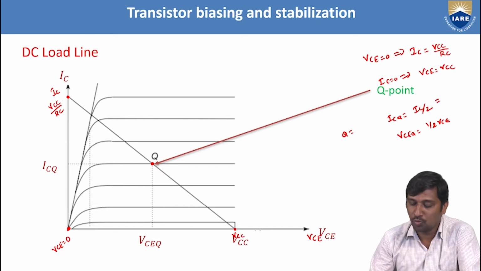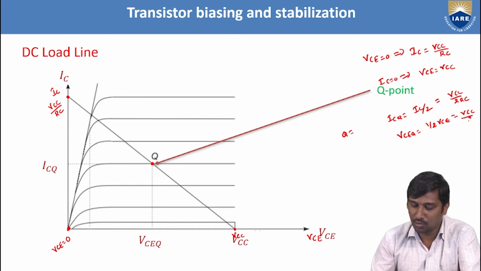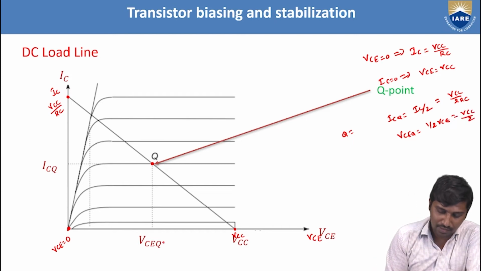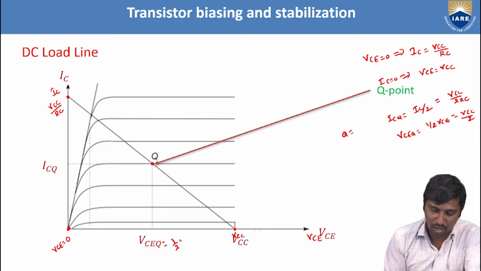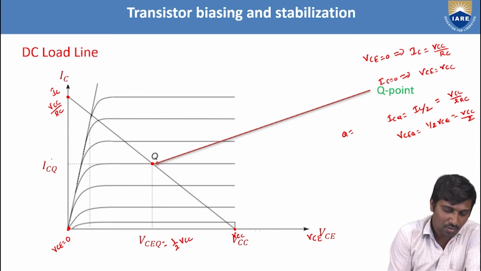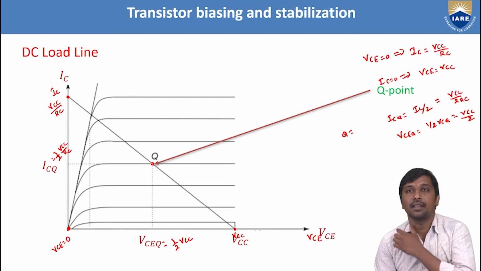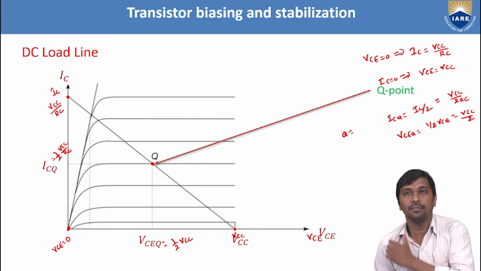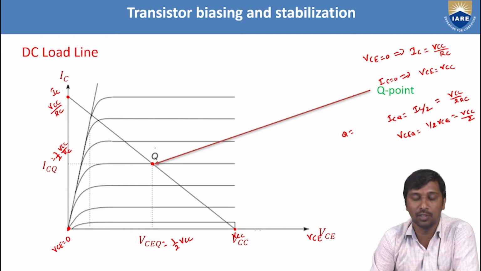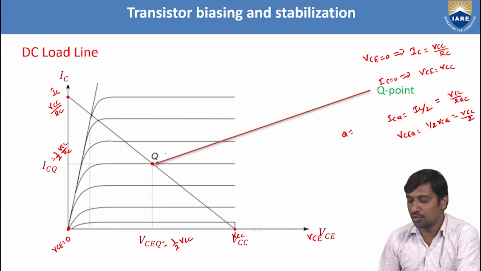Hence, the Q point is represented as VCC by 2 times RC, and VCC by 2. That is the reason. This is VCEQ, equal to half of VCC. ICQ is equal to half of the IC maximum, that is VCC by RC. And this intersecting point in the active region, at the center of the DC load line, indicates the Q point.